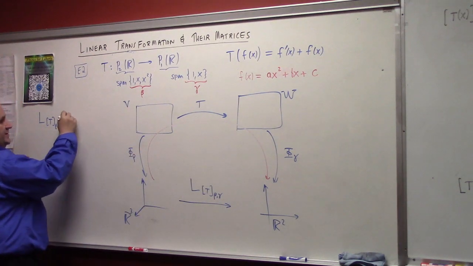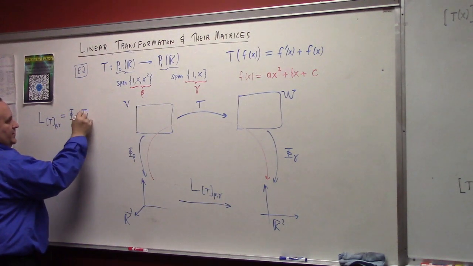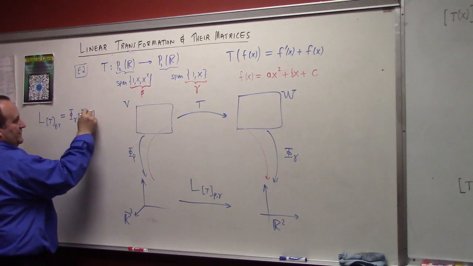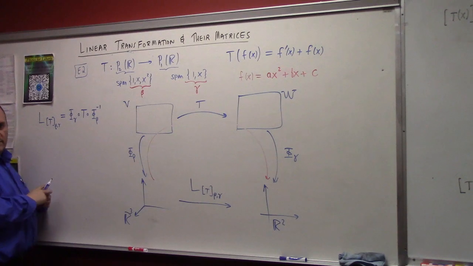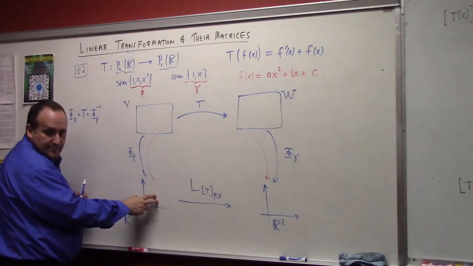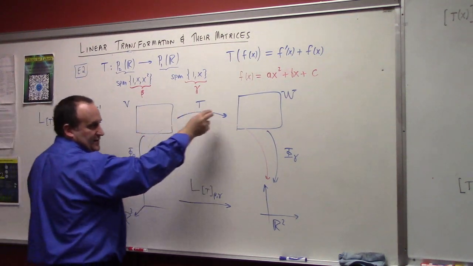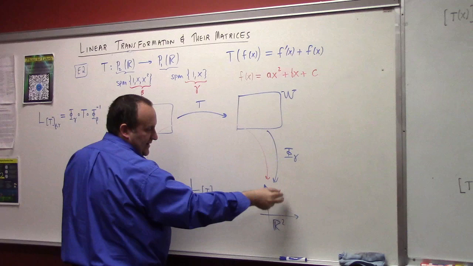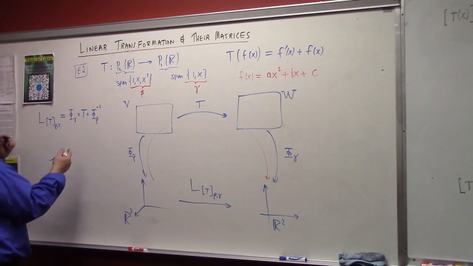So phi gamma comes last, so we go phi gamma composed with T composed with phi beta inverse. So phi beta inverse takes something down here, maps it to here, T takes that over to there, and phi gamma takes you back down here.